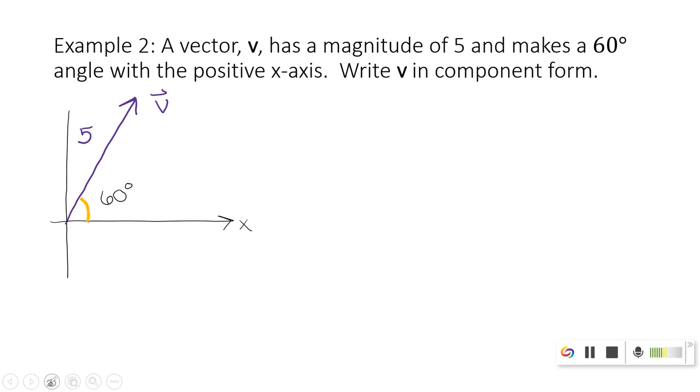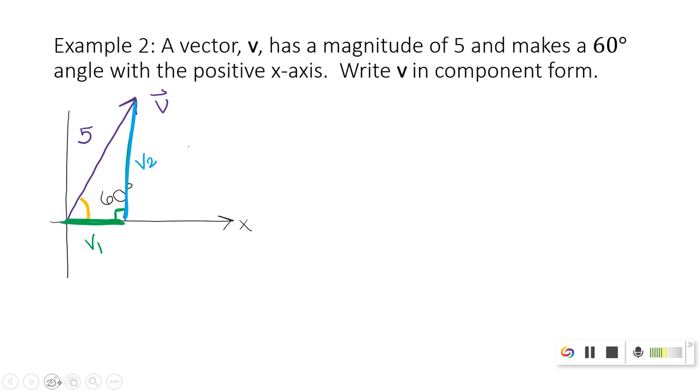They are asking me to find my components. So if I kind of draw a line here and create a right triangle, the distance that I just shaded in green would be my horizontal component, and then the distance I just shaded in blue is going to be my vertical component.